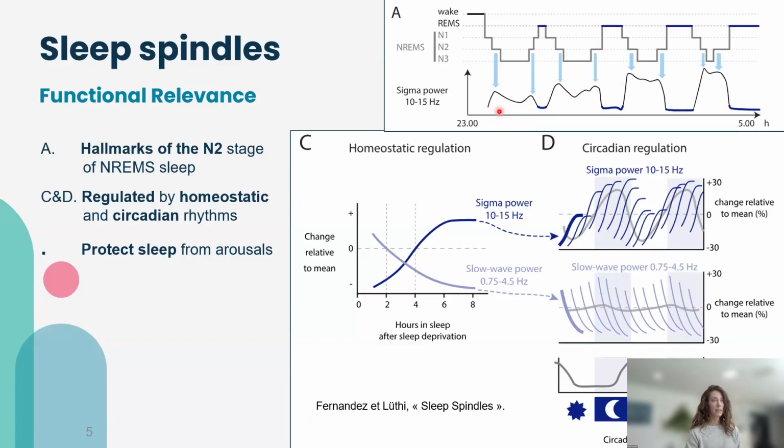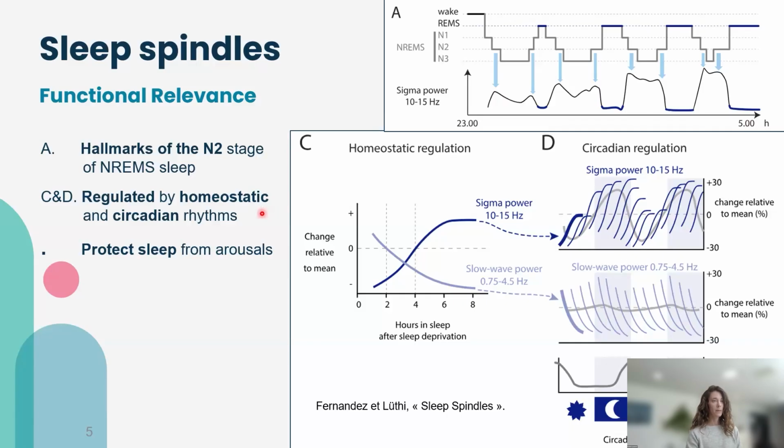We can see an increase of the sigma power during N2, aligned with the blue arrows, and a sharp drop here of this activity during REM in blue. We can also observe a progressive increase of the sigma activity across the night, which reflects the sleep homeostasis.